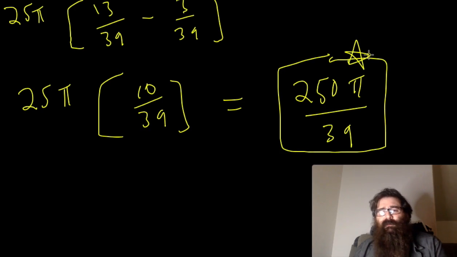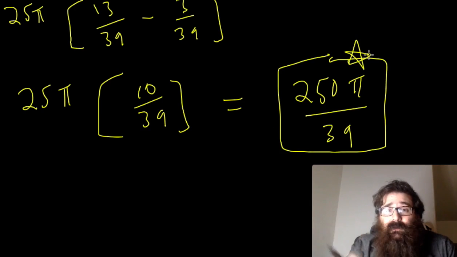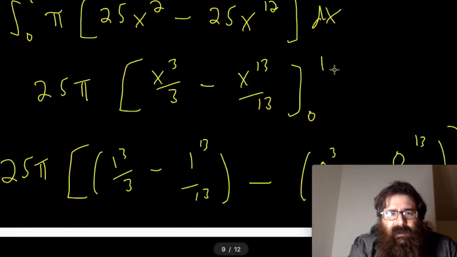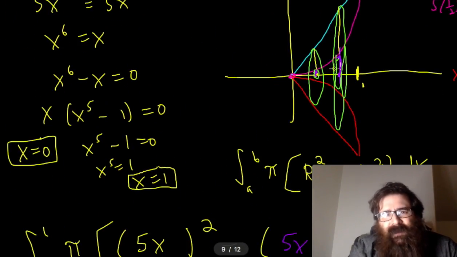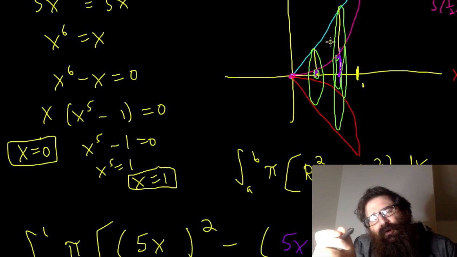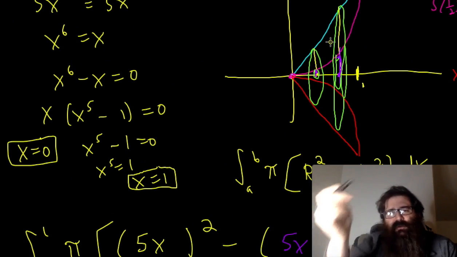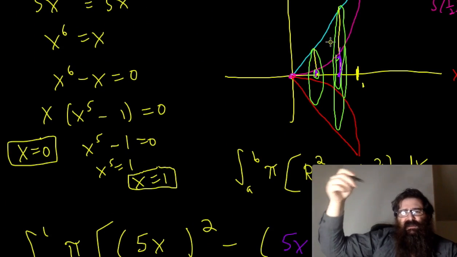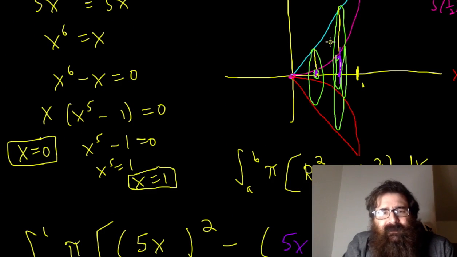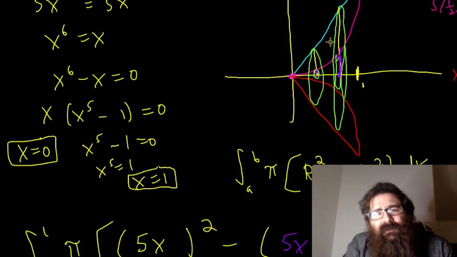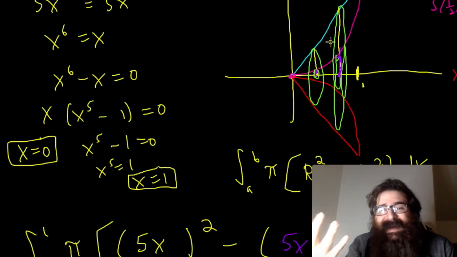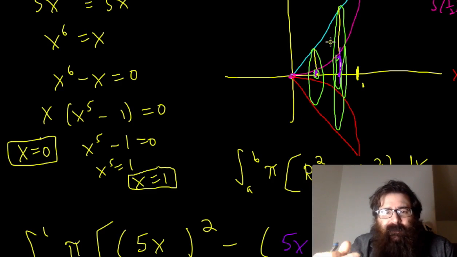So we found the volume of that solid. Let's talk about this one. It's 250 pi over 39. So again, I said I think it's fun to think about what these could maybe be used for. If we were rotating it about and thinking about actually constructing this solid that we have here, it looks like a very ornate sort of candy dish maybe, or you could put some flowers in it.